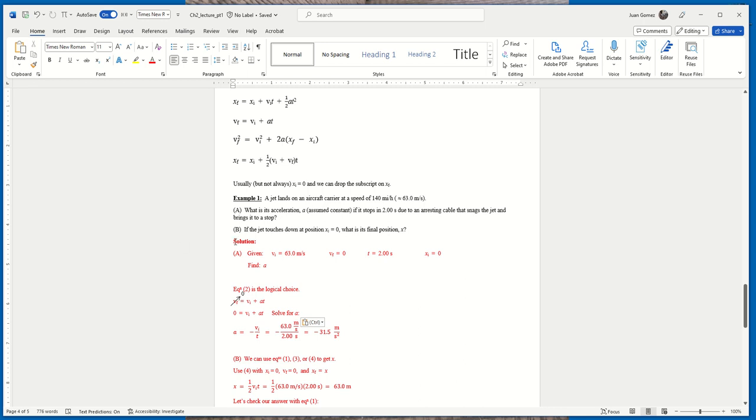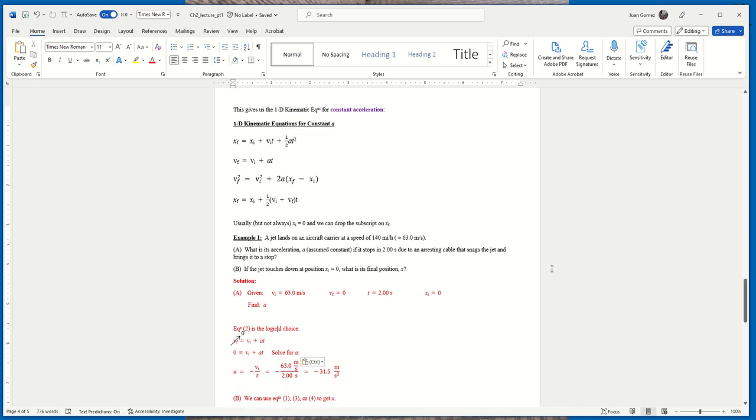Okay, now part B. Assuming again that when the jet touches on the plane, that's xi equals 0. What is the final position x? How far has it traveled along the aircraft carrier? So I want x. Well, I could actually use any of the other 3 equations. I used equation 2, so I'm done with that equation.